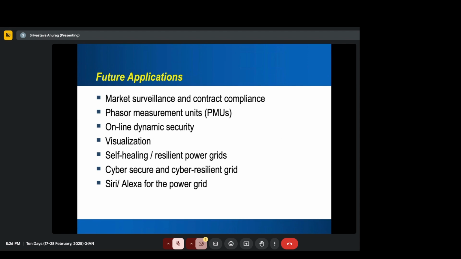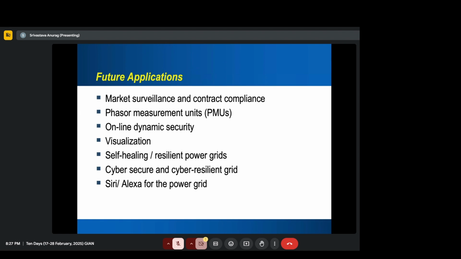So continuing on, another thing will be how do we monitor the market so it is not benefiting someone? How do we integrate the PMUs? Dynamic security, which is possible because of PMUs and the fast rate of data. How to visualize so that the operator is not stressed out with a lot of this information.